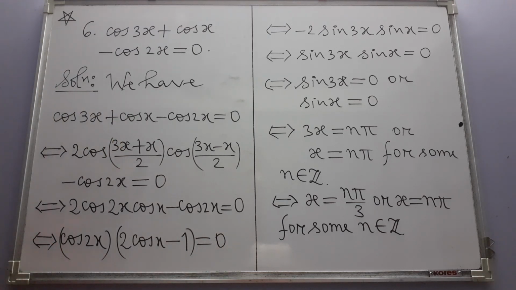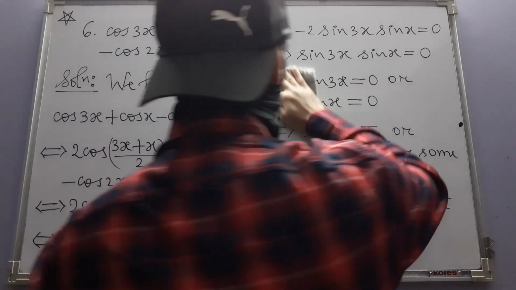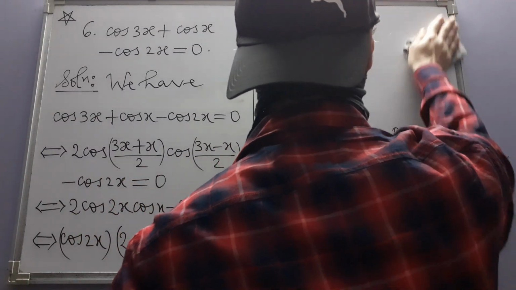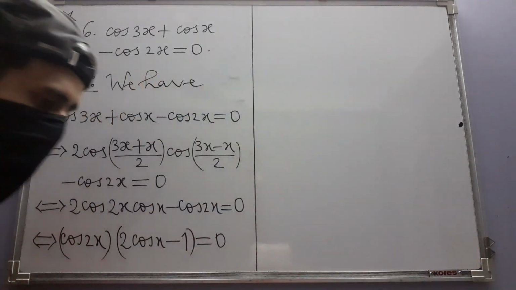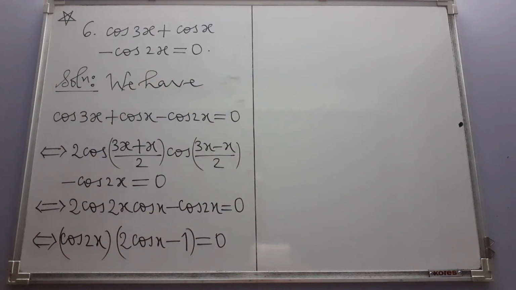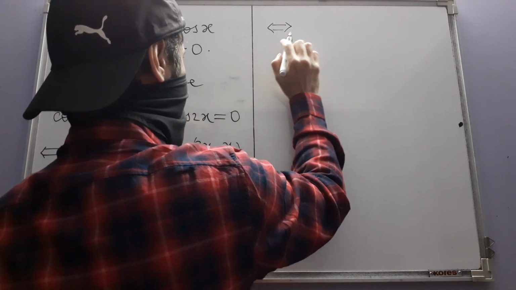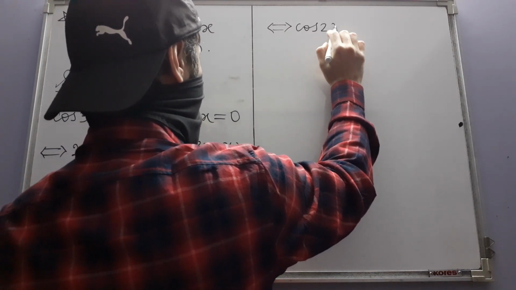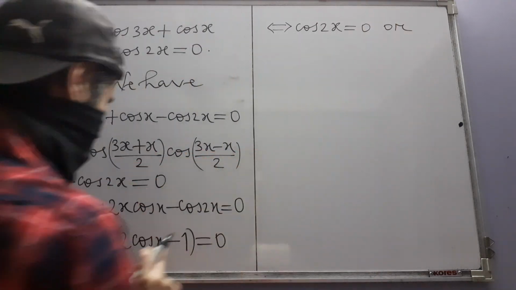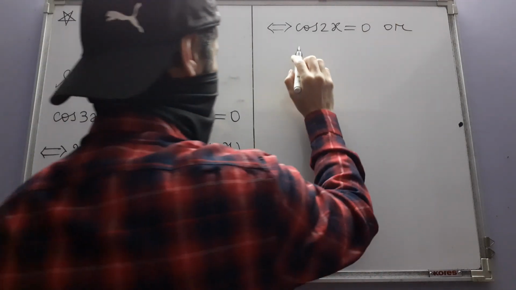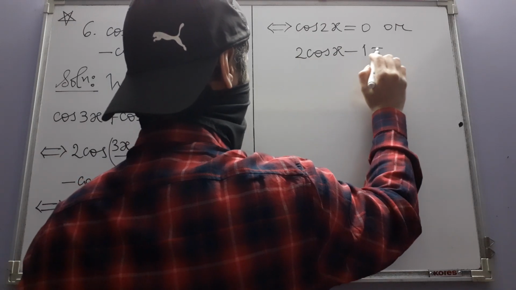So now we can proceed as usual. So this is equivalent to having cos 2x equal to 0 or 2 cos x minus 1 equal to 0.